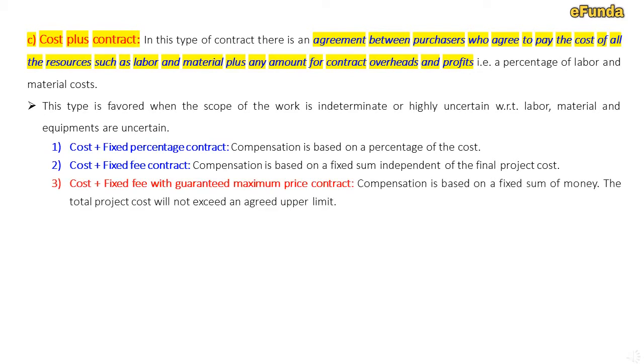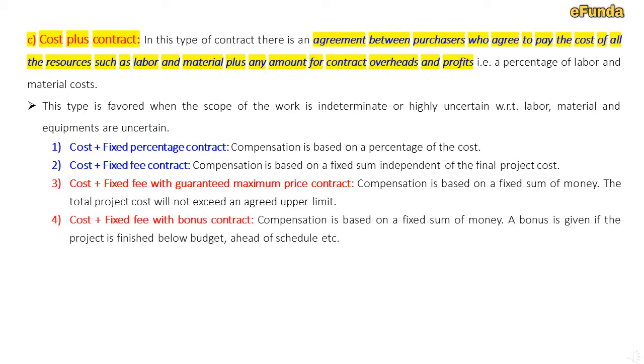Third type, cost plus fixed fee with guaranteed maximum price contract. Compensation is based on a fixed sum of money. The total project cost will not exceed an agreed upper limit. Fourth point, cost plus fixed fee with bonus contract.